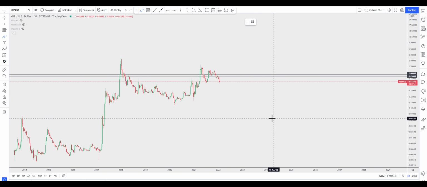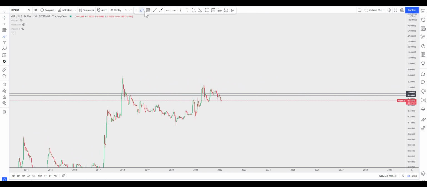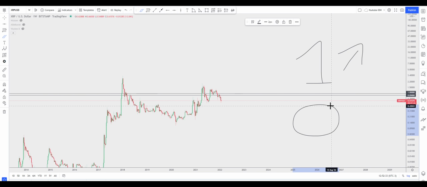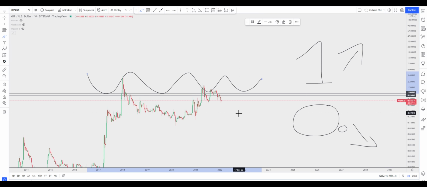Okay, so there is a thing here. So this is a realm above 1. And this is the below realm. Okay, XRP is behaving like this here because we already have a trigger.